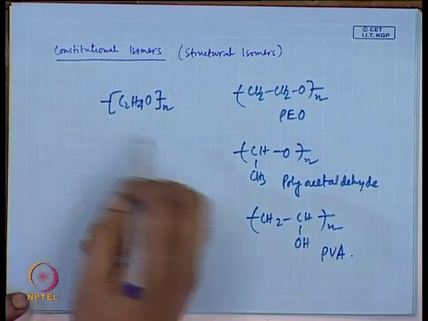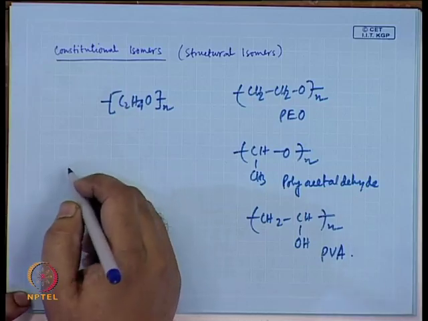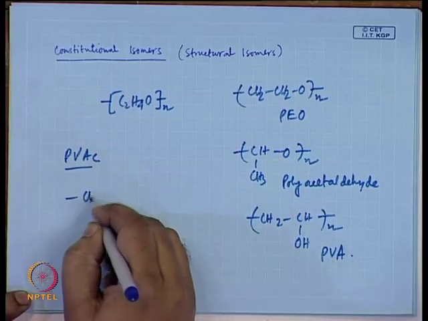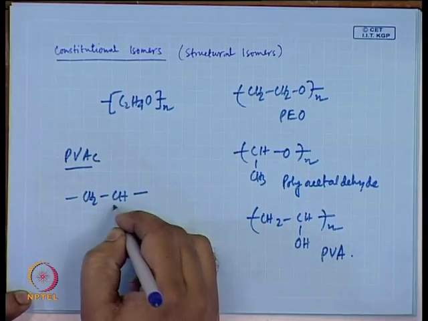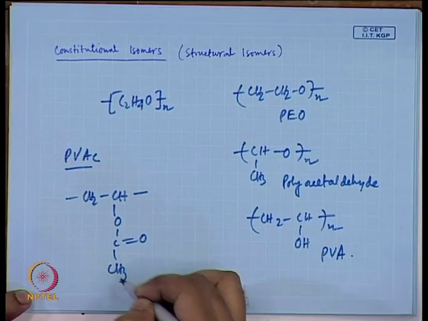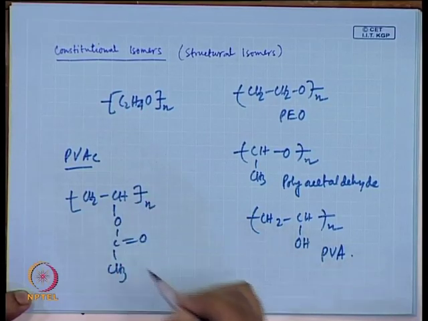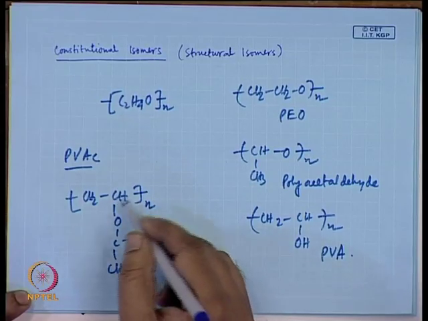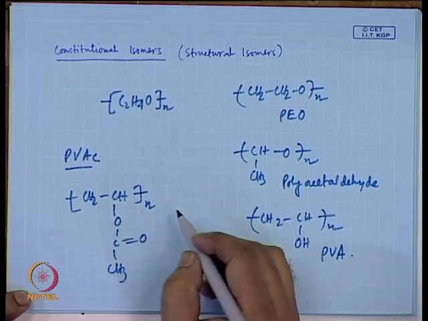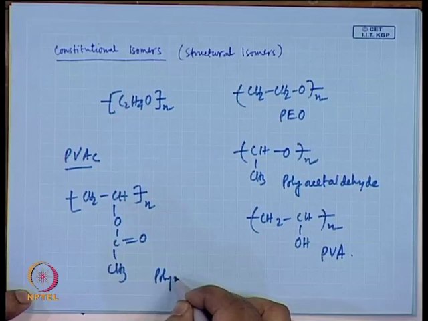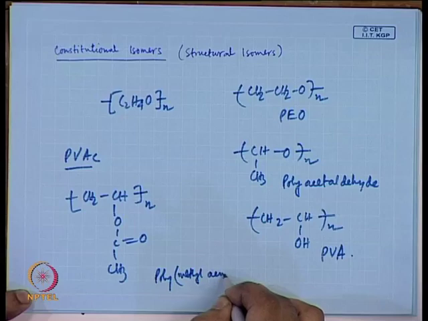Similarly, we can write other structural or constitutional isomers, like polyvinyl acetate, which has this structure. Now, think of polymethyl acrylate.